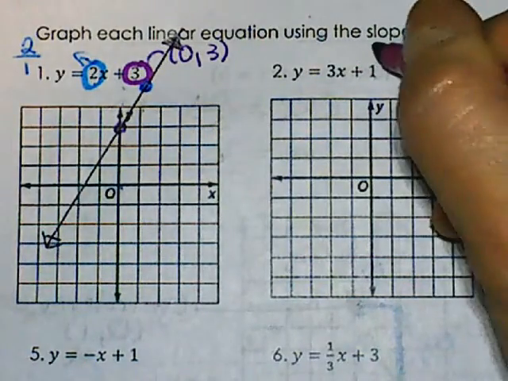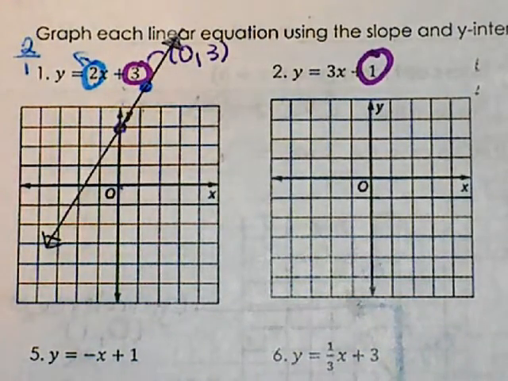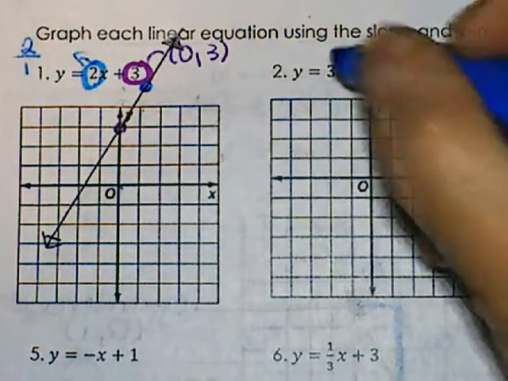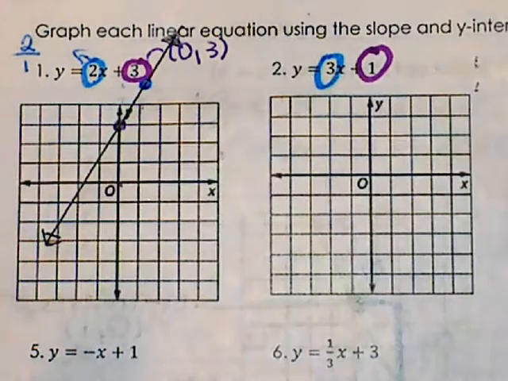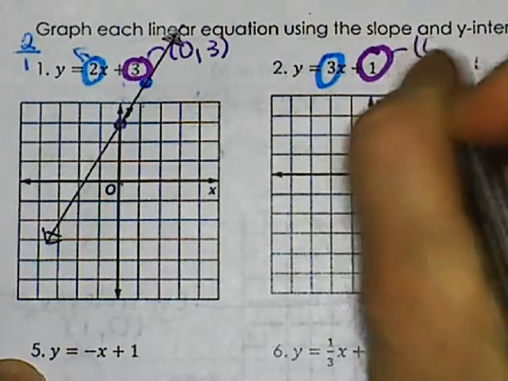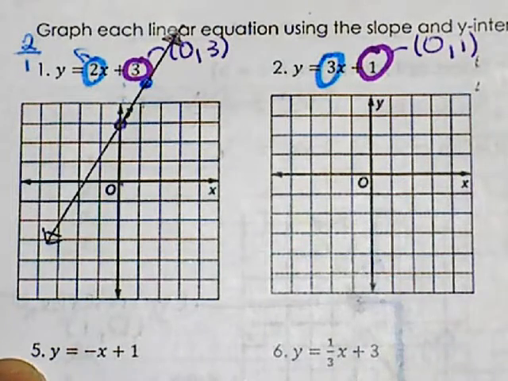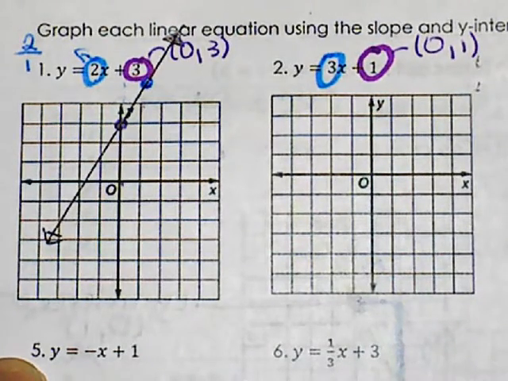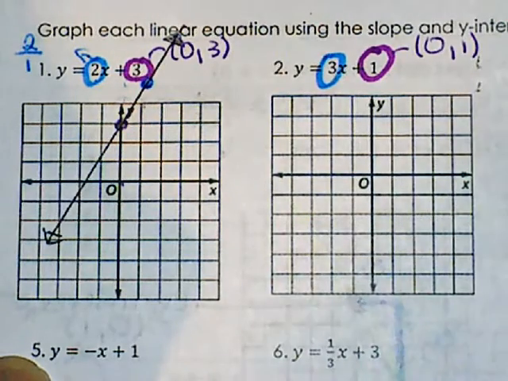You have your y-intercept and your slope. You will write the y-intercept as a coordinate of 0, 1, and our slope as a fraction of rise over run.